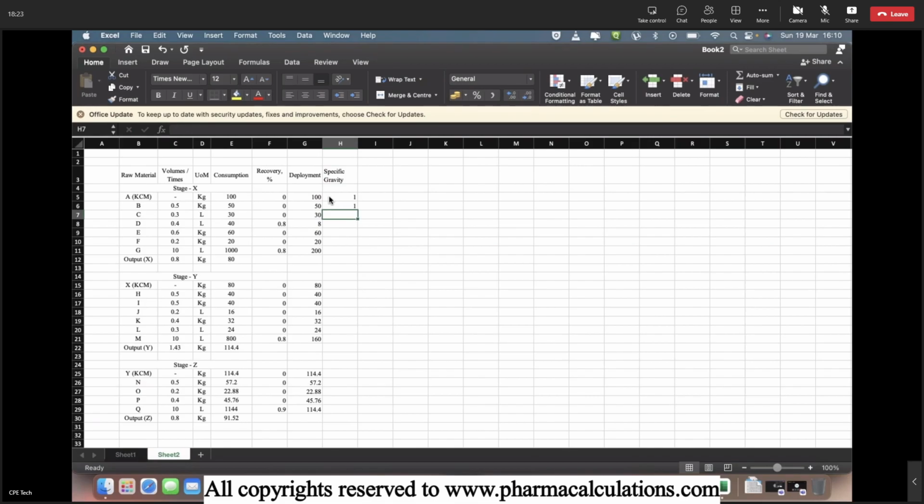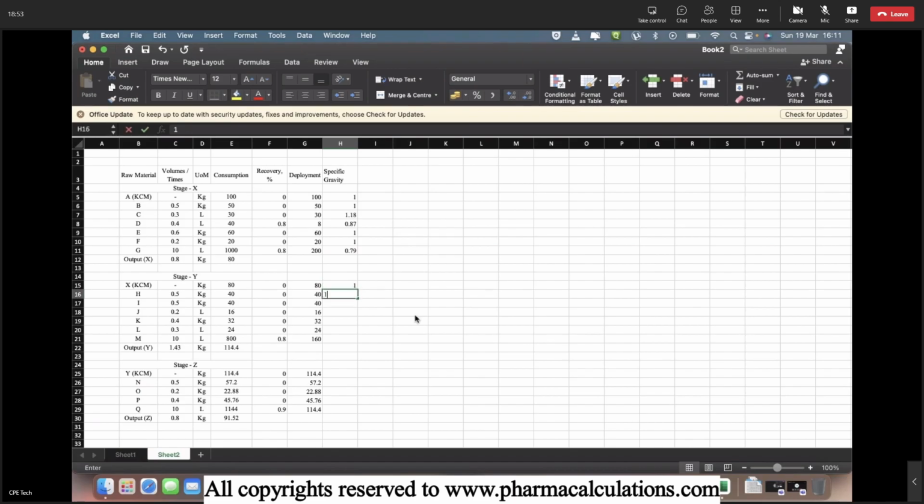And if these are in liters, if it's a liquid, just try to convert this into weight by multiplying with density. So here I have considered some things. If it's a solid, just take the specific gravity as 1, and if it's a liquid, take the actual specific gravities.